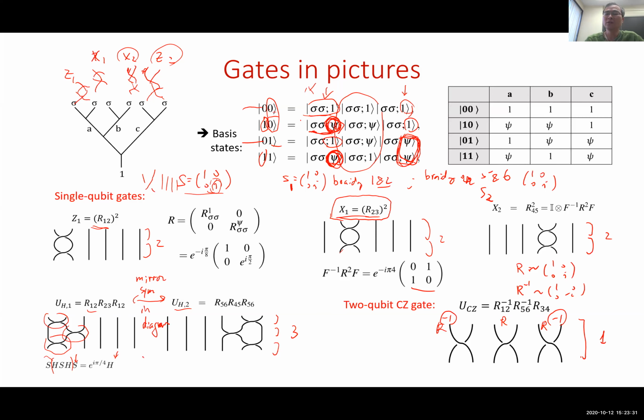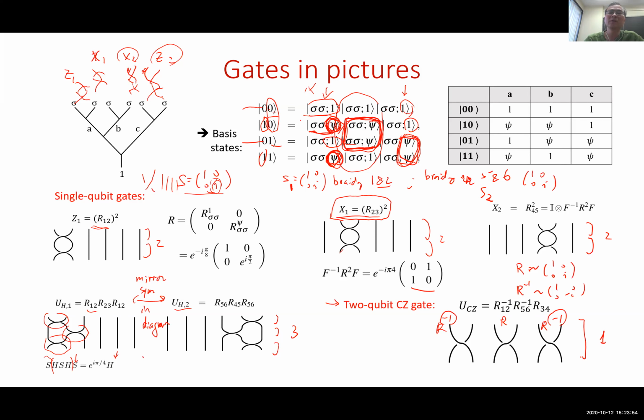And in some sense, the CZ gate takes advantage of the encoding here, right? This part here, if you do a braiding on 3 and 4, just ignore 1, 2, and 5, 6. You already have a phase, right?